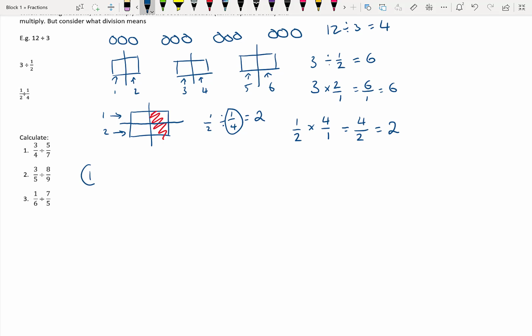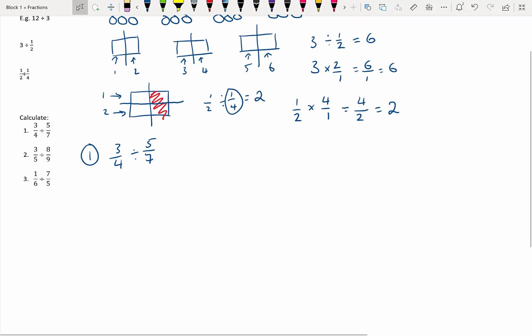So the first one we've got is 3/4 divided by 5/7. I already know that in order to do this, I can make it 3/4 multiplied by, flipping the other one upside down, 7 over 5. After that, I'm doing top times top, so 3 times 7 is 21, over 4 times 5, which is 20.